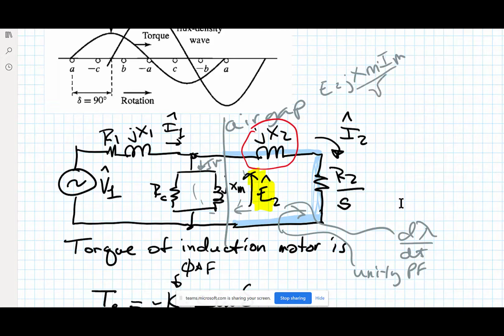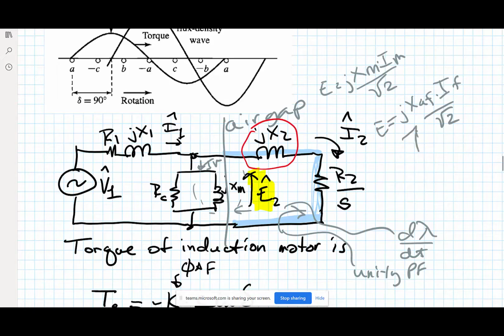You could say divide by square root of 2. It's very similar to the E for the synchronous machine, where we had jXAXAF times the field current divided by square root of 2.